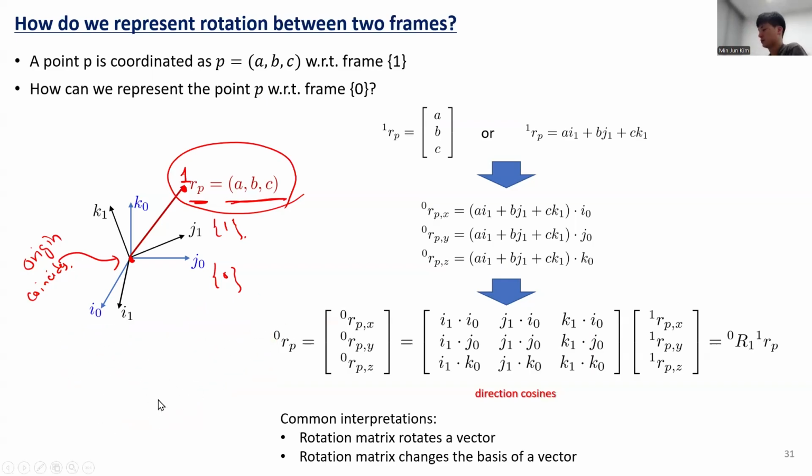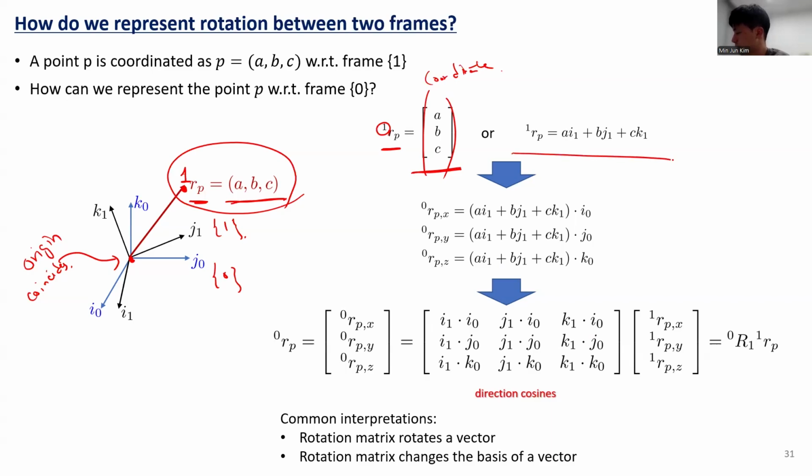The vector pointing to P with respect to frame 1 is ABC by assumption. This is just an array of numbers, expressed in coordinates.